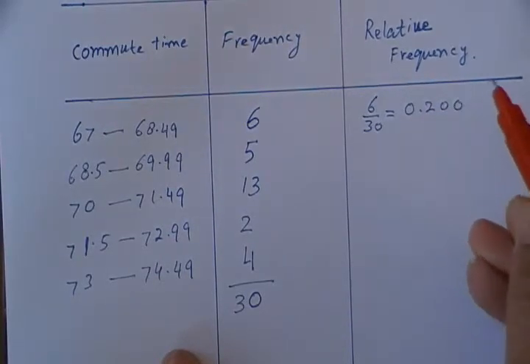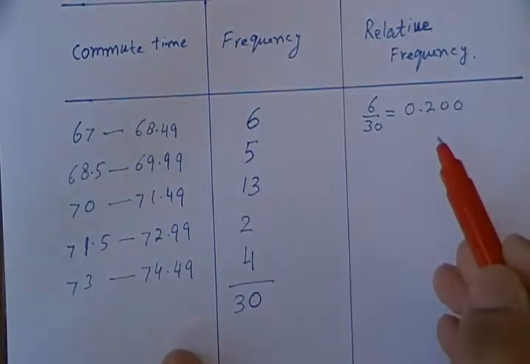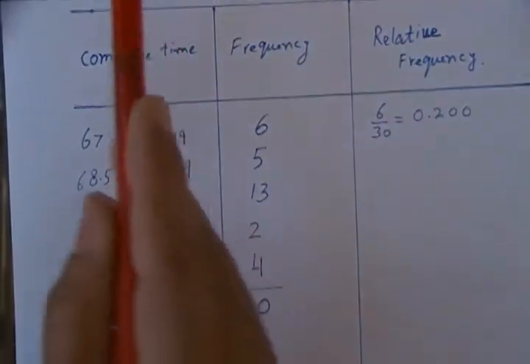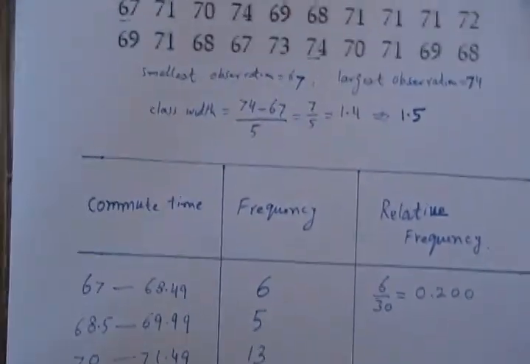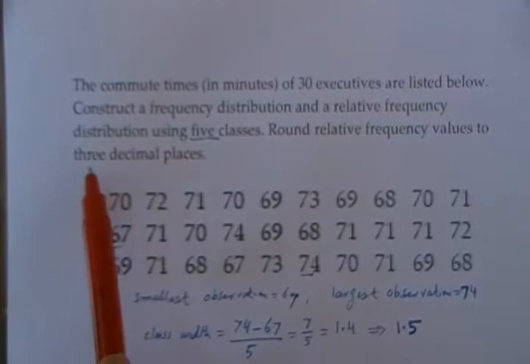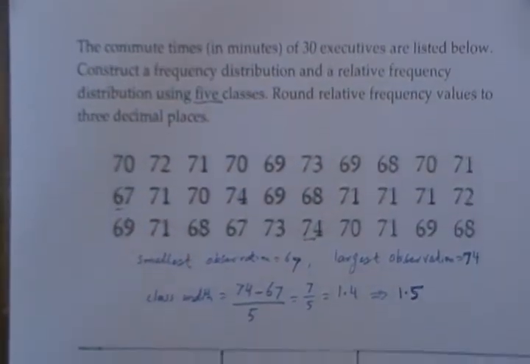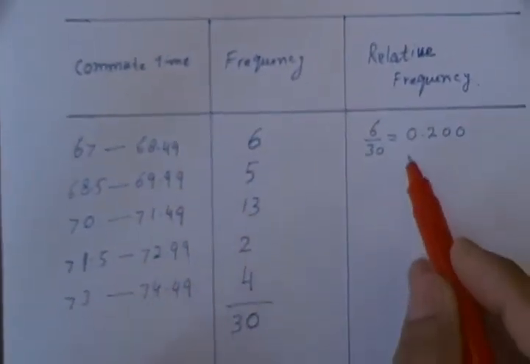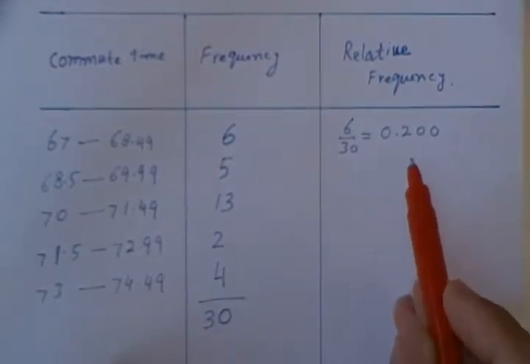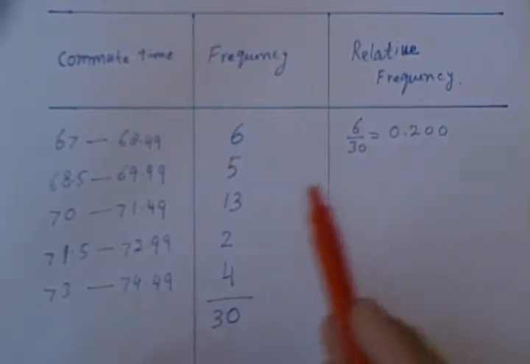So 6 out of 30, in terms of decimal, is 0.200. We are doing it to 3 decimal places because that's what we are asked to do in our problem; it says to go to 3 decimal places for relative frequency. So I wrote it here, 0.200.